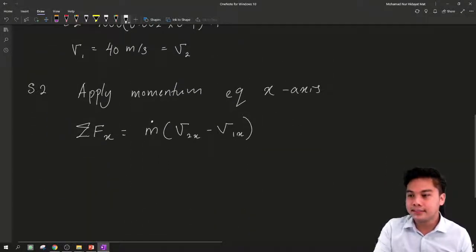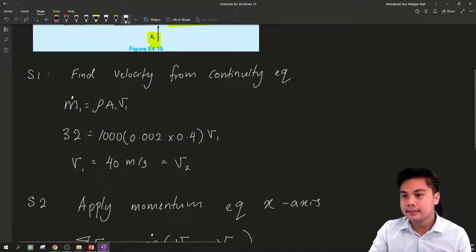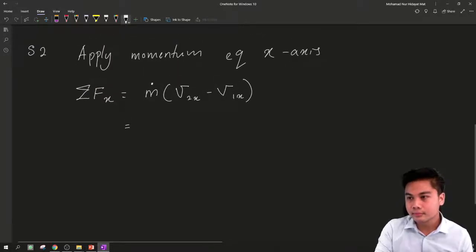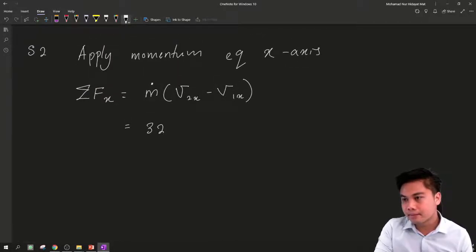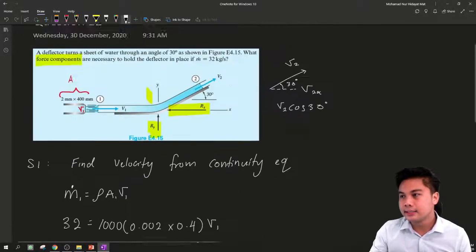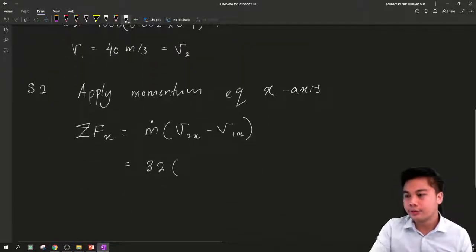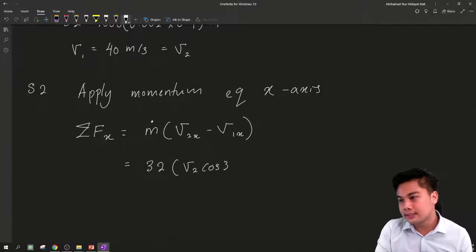Just replace here the mass flow rate given previously, which is 32. And remember, V2x is V2 cos 30, minus V1x.